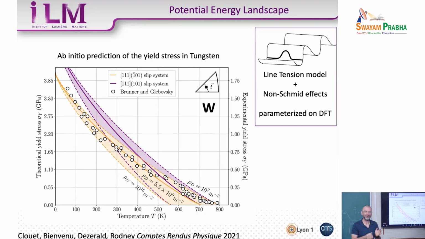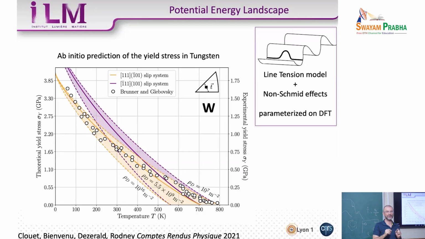Why is that? This is something well known in our community. We've been talking about the Peierls stress predicted by interatomic potentials. That Peierls stress is systematically 2 to 3 times larger than the experimental value. Always, whether you are using interatomic potentials or DFT, the Peierls stress predicted by atomistic simulations for the BCC dislocation is 2 to 3 times bigger than the experimental value. Why is that? Different groups have different ideas.